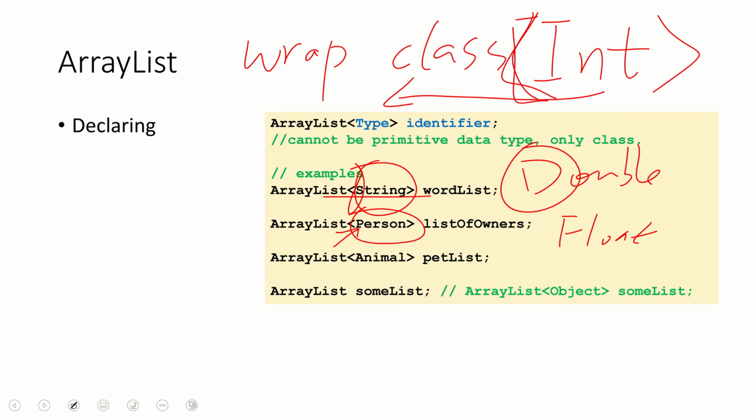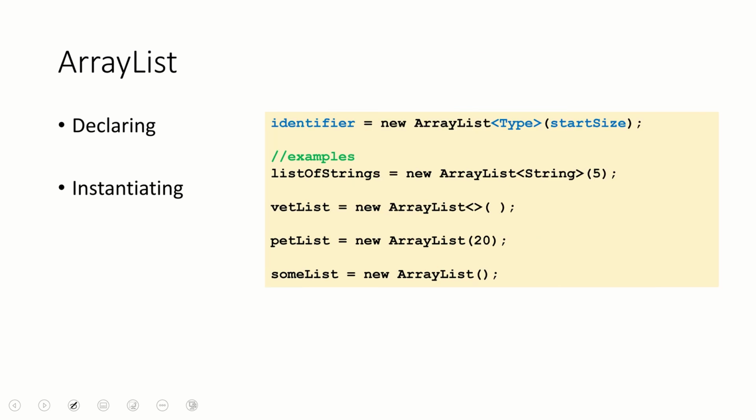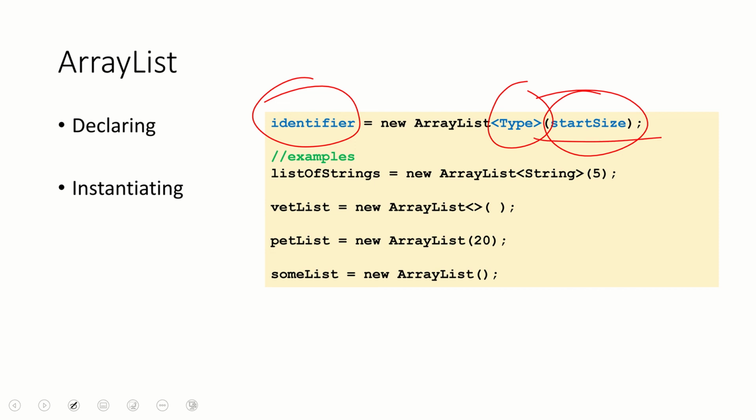Once you know how to declare an ArrayList, you should know how to initialize it. It's very different when we talk about the start size. The identifier and the type are consistent, but the start size is not the size you think about.